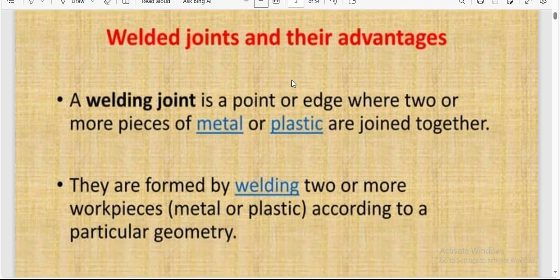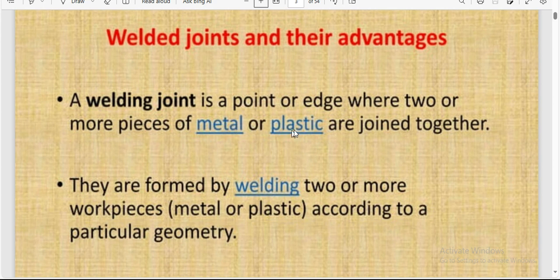A welded joint is a point or edge where two or more pieces of metals or plastics are joined together. In this case, the base metals or plastic materials used as workpieces for joining are known as base metals or base plastic materials.